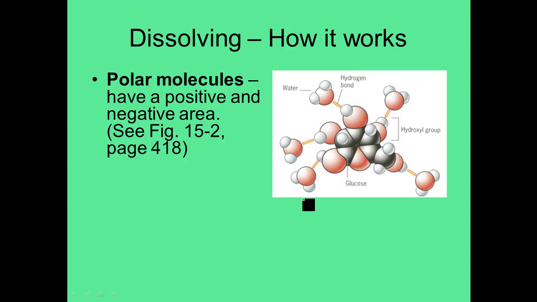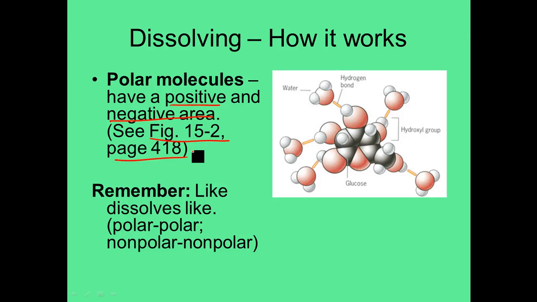These polar molecules, we can also say they have a positive and negative area. I suggest looking at figure 15-2 on page 418 in your textbook. It shows how a sugar clump could be broken apart by water. Look at that figure for a little bit, see if you can understand how it works. It will help you understand the dissolving part.